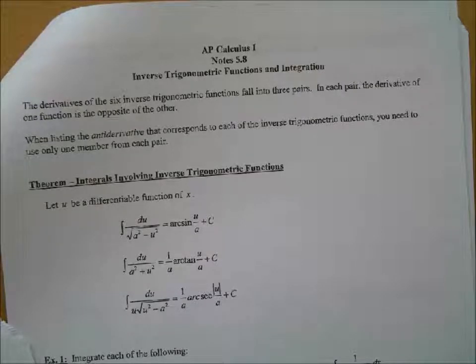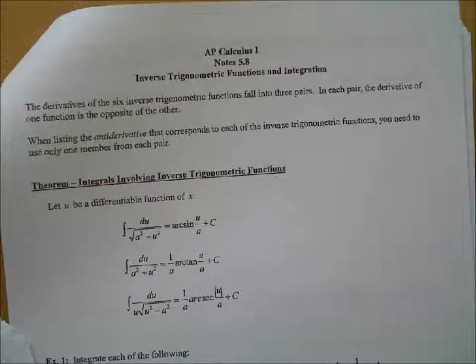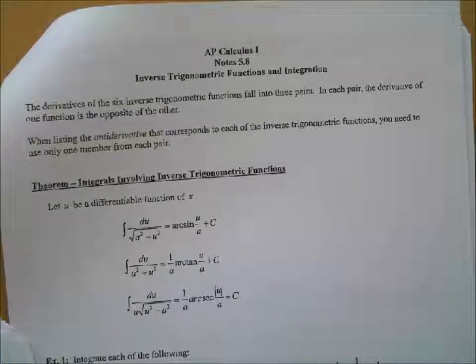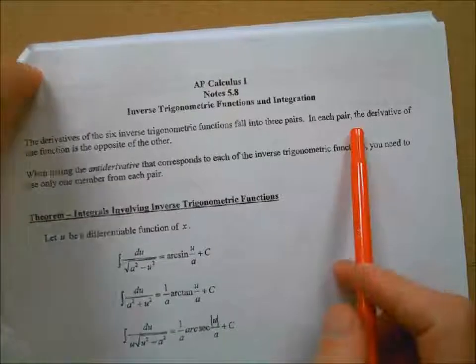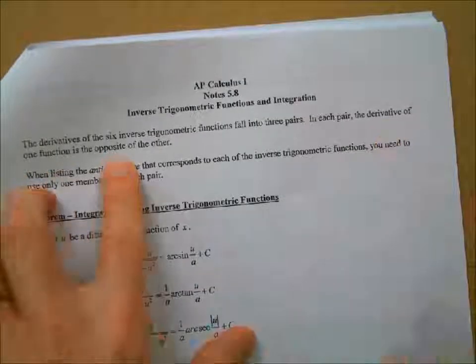Okay. So, the derivatives of the 6 inverse trig functions fall into 3 pairs: arcsine and arccosine, arctangent and arccotangent, and arcsecant and arccosecant. In each pair, the derivative of one function is just the opposite of the other.